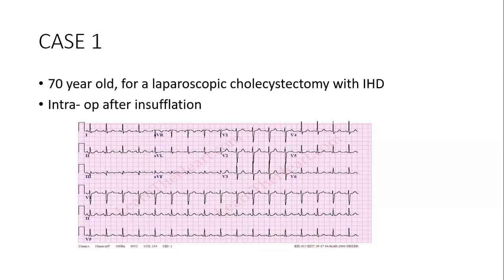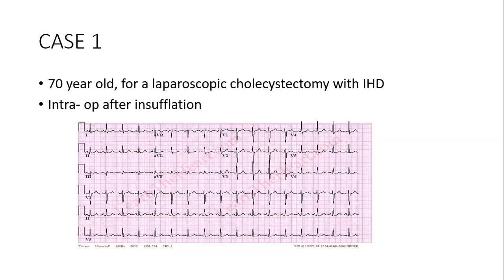So a patient is coming in, 70-year-old, for a laparoscopic cholecystectomy with ischemic heart disease. As they prepare and they insufflate with the carbon dioxide, this is your ECG. So what is this, and what are your anesthetic concerns for this patient?